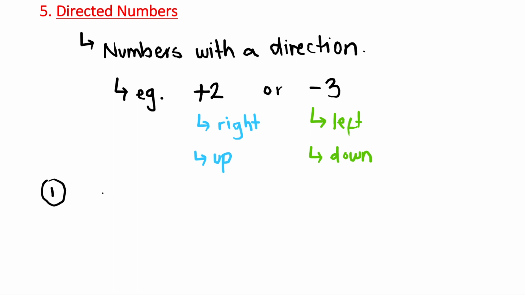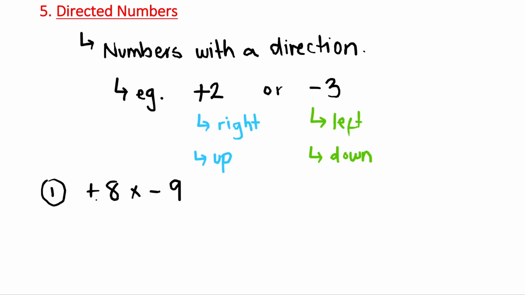In some of the questions, they're going to ask you, what is positive 8 times negative 9? Things like this. They're using directed numbers just to make it very explicit that they're talking about a positive 8.